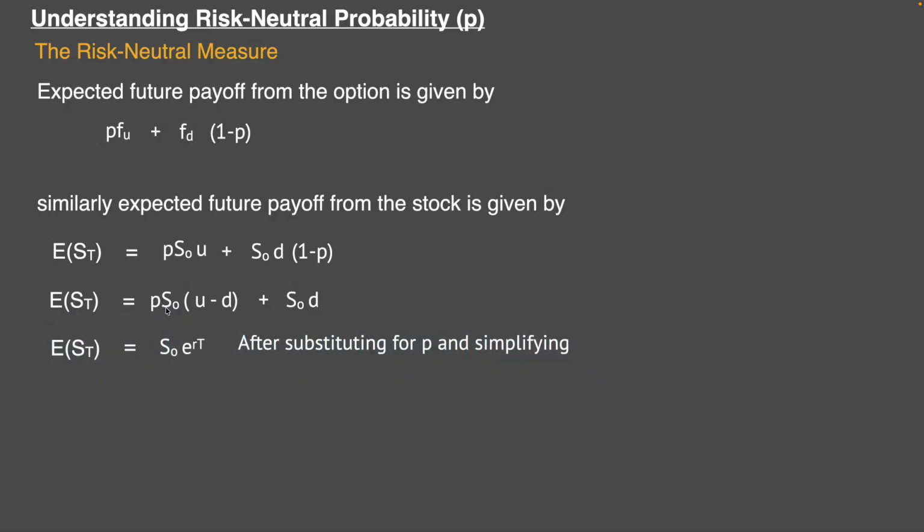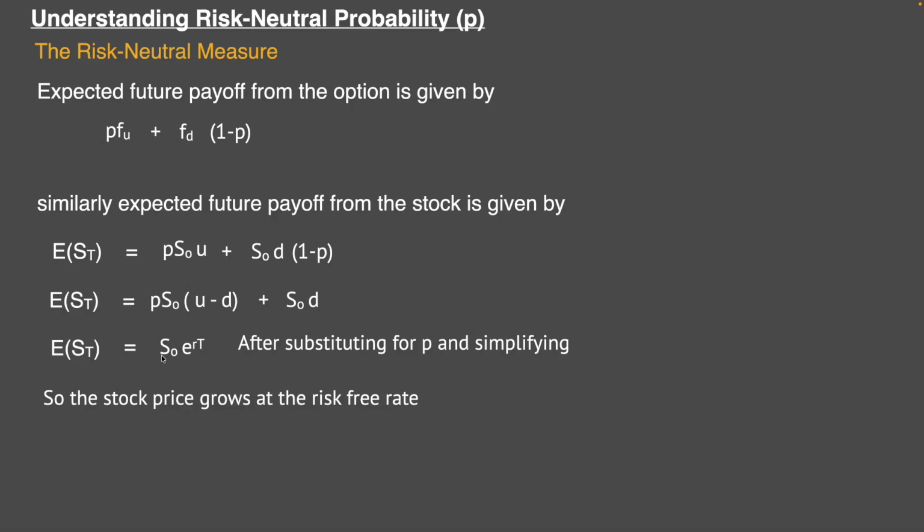When we substitute the value of probability P, which we have already calculated, we get E of ST is equal to S0 into e to the power of small r into capital T. So what is this one? This is nothing but the continuously compounded interest rate.